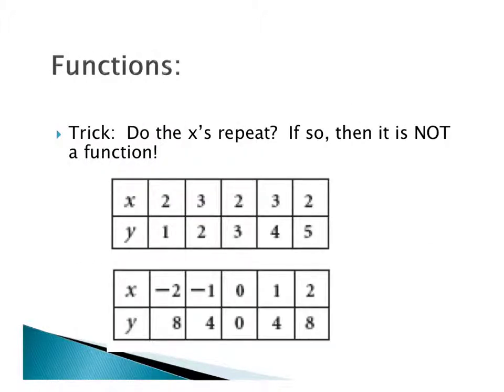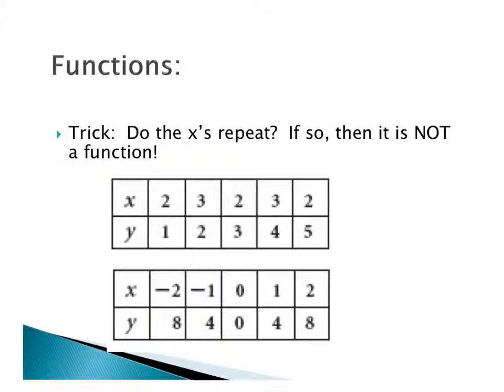So the first thing we're going to do is see if a table of data represents a function. Now, a table of data is essentially a bunch of ordered pairs. You have (2, 1) is an ordered pair, (3, 2) is an ordered pair, (2, 3), (3, 4), and (2, 5). Now, the way we tell if this is a function is whether or not our x's repeat.